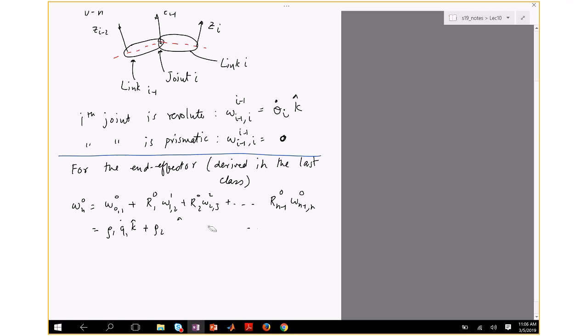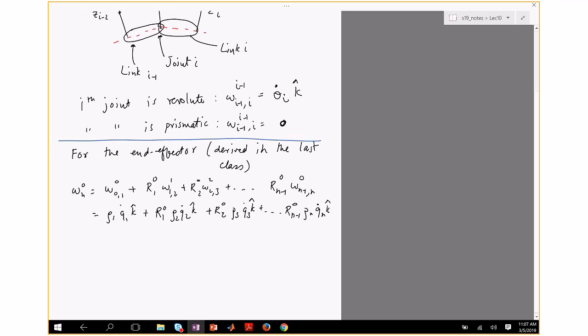I'm missing the R's, I should not miss the R's. So R_1^0 rho_2 q2 dot plus so on till R_{n-1}^0 rho_n q_n dot k.